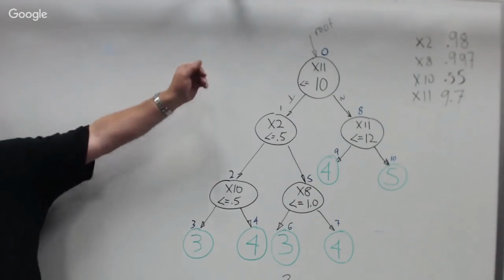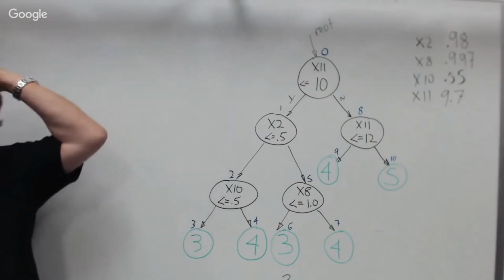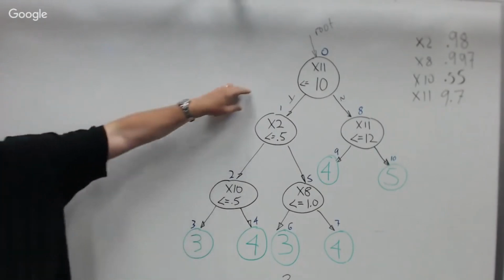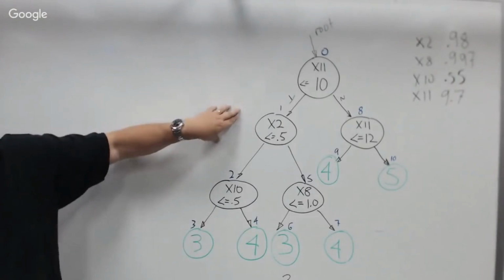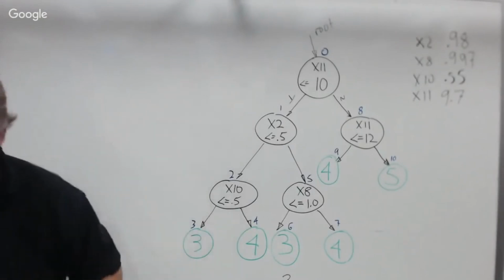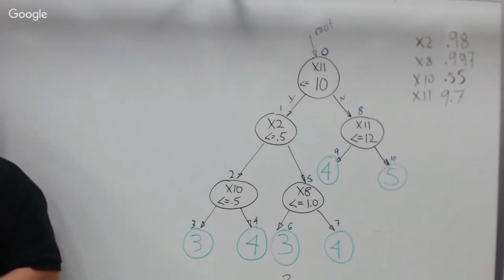A Java or C++ programmer thinks object-oriented, and they want to make a node class, and each of these nodes an instance, and link them all together. That's okay, but especially for large data sets in Python, it ends up being really slow and burns up a lot of memory.